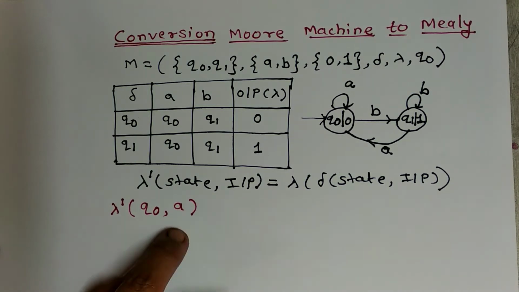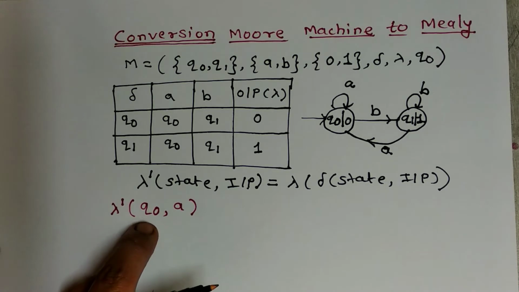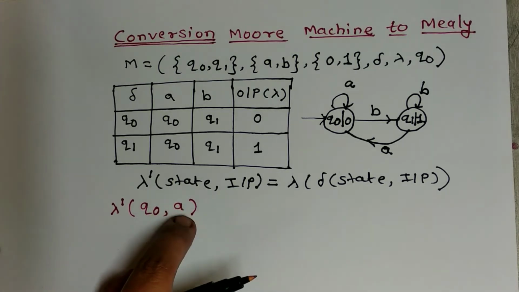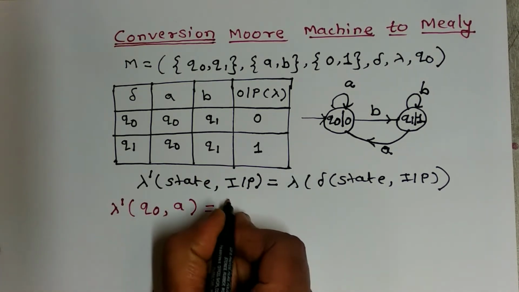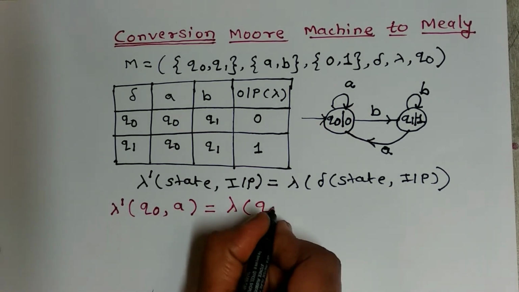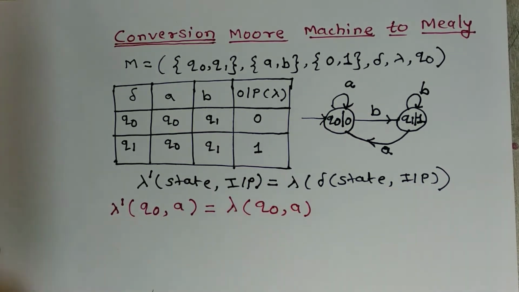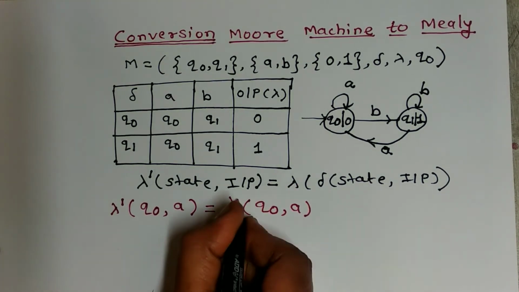Why have we taken the Q0 comma A? The machine started from here, from the Q0, and we take the input as A. You can take the input as B also. So, lambda dash of Q0 comma A. Then what will you get?